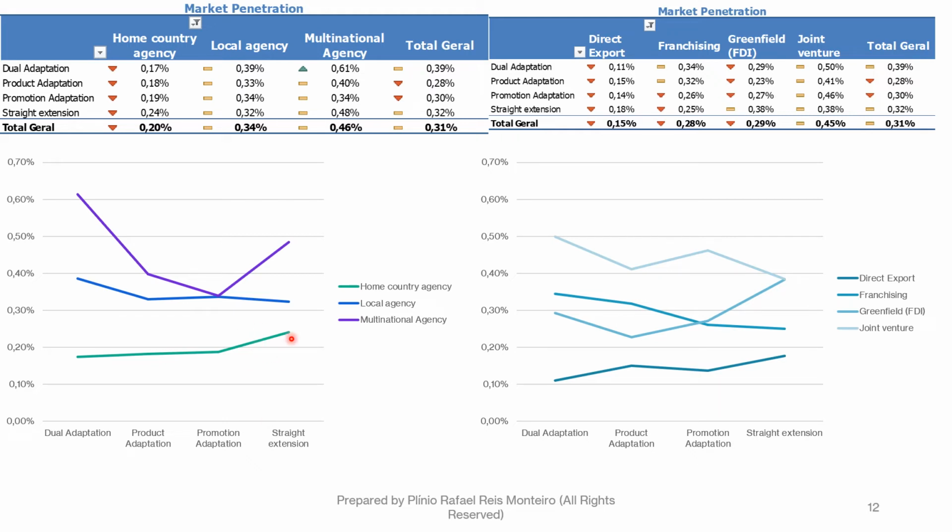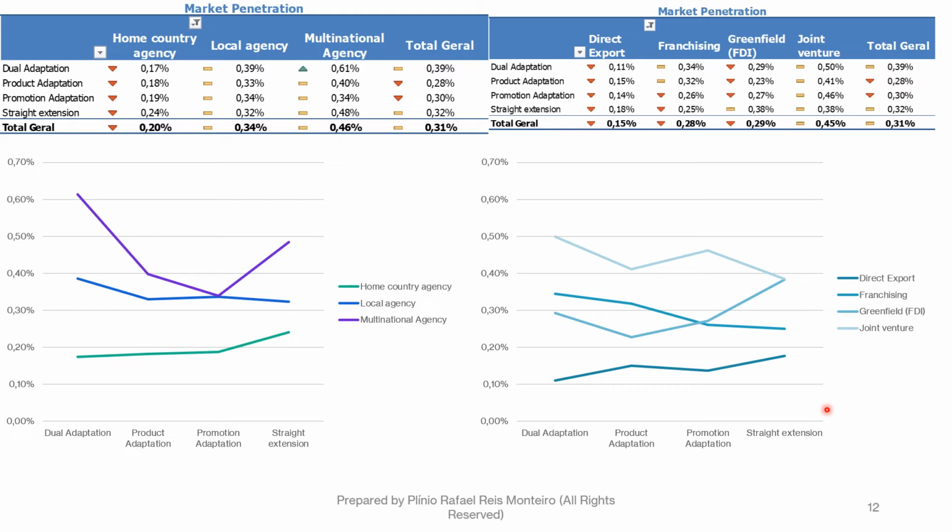So basically this means that if you're keeping the same value proposition and the same agency that is used to working with you, then keeping everything the same, the strafe extension can make this company have a slightly better performance because they don't need to try everything new. They're using something that they know. But of course, this is worse than selecting these other options because you're moving to another country. So most of the time you need to adapt your strategy, your campaigns and products to fit local customs, the local market.